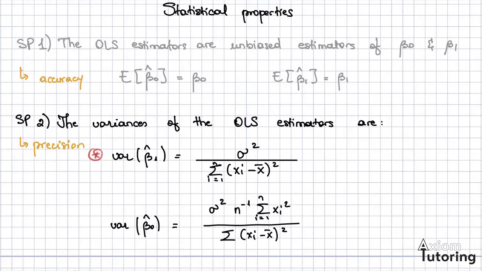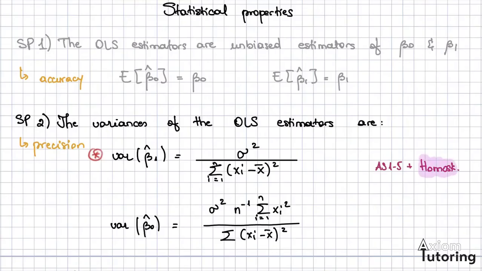For the second statistical property, we are going to use one more assumption, and that is all assumptions 1 to 5 plus the homoscedasticity assumption. Together, all of these are essential to making sure the second statistical property is fulfilled, with the highlight obviously on the homoscedasticity assumption.